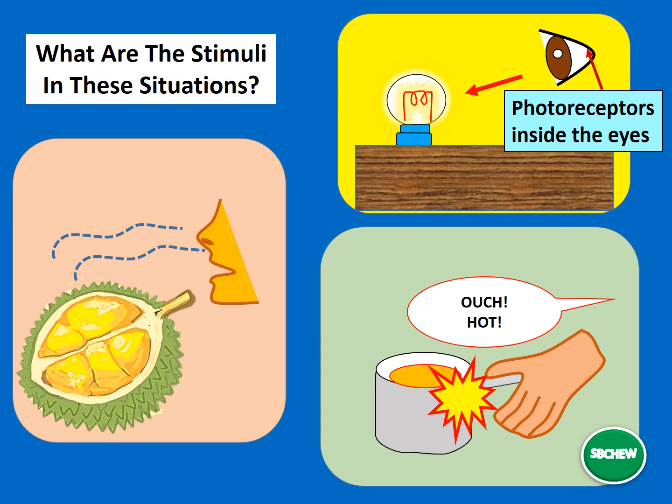Let us discuss some stimuli that we may experience or detect in our everyday lives. For example, in the first picture, you see the durian here and a person. And from this picture, what is the stimulus that the person is experiencing or detecting?